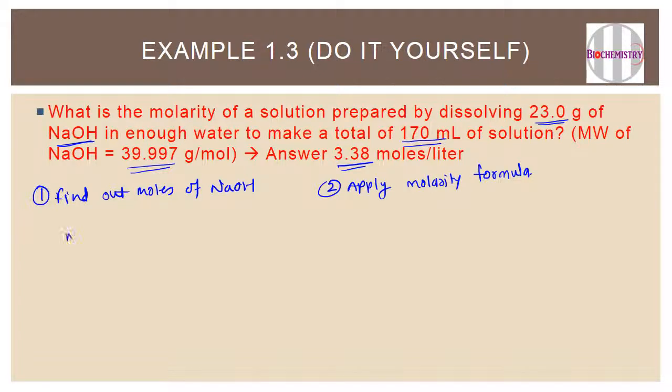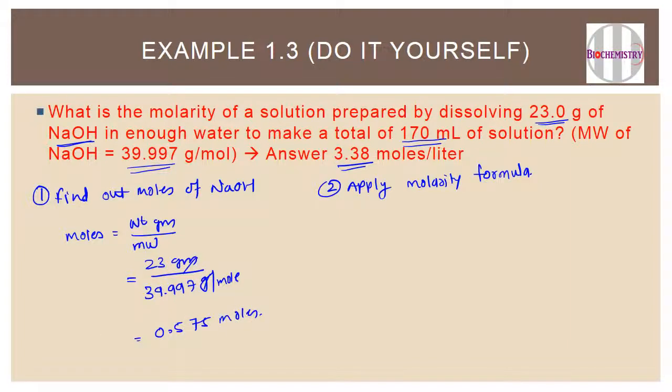So moles is equal to weight in gram divided by molecular weight. Our weight is 23 gram divided by molecular weight 39.997 gram per mole, gram cancels out, so the answer is 0.575 moles.